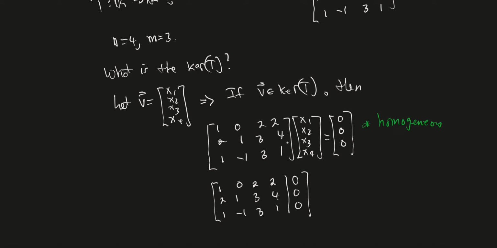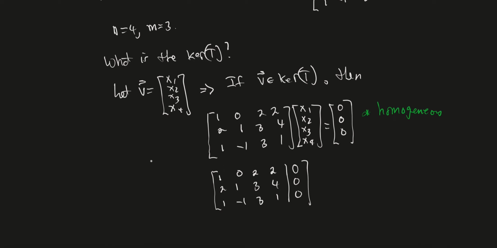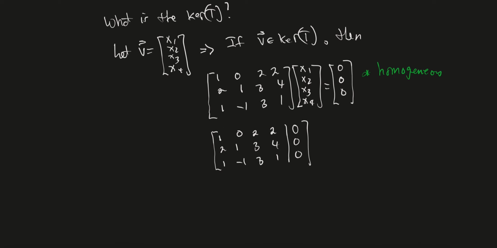That was one of the properties we previously saw about linear transformations: the image of the zero vector is another zero vector. So there has to be at least one solution. The question is, are there going to be more? We don't know until we reduce this.